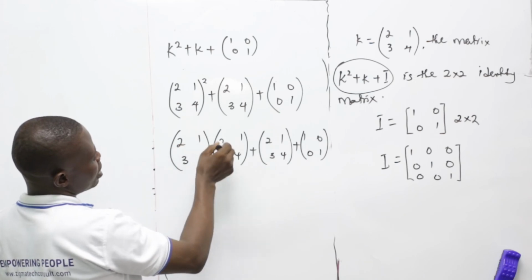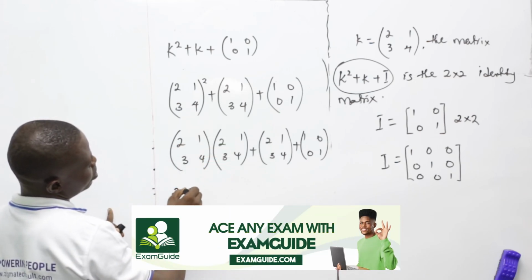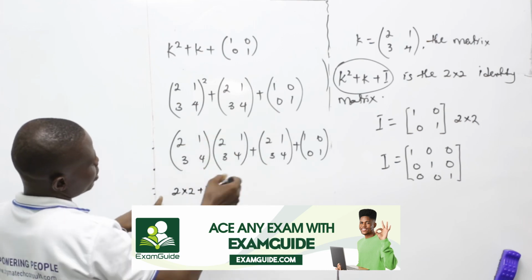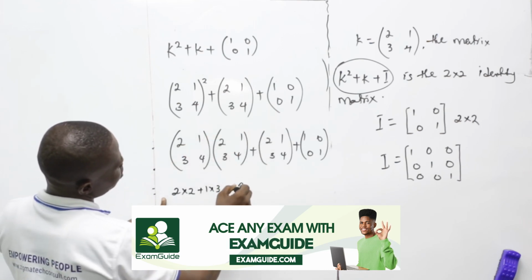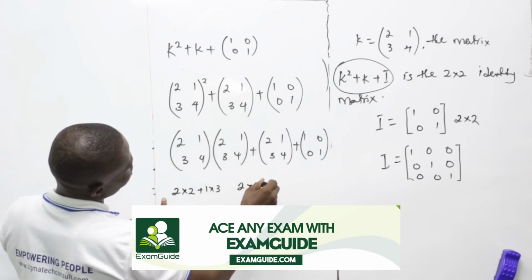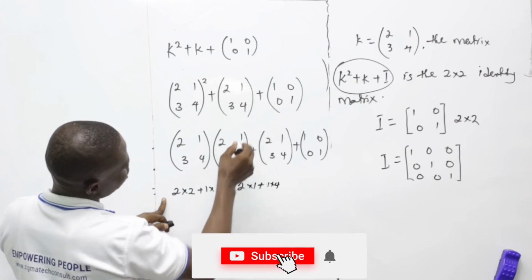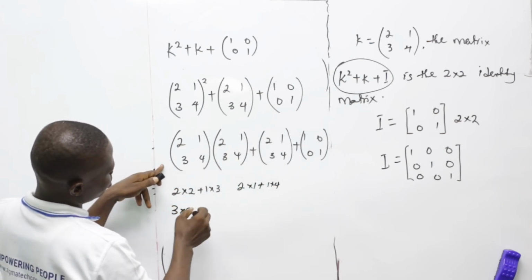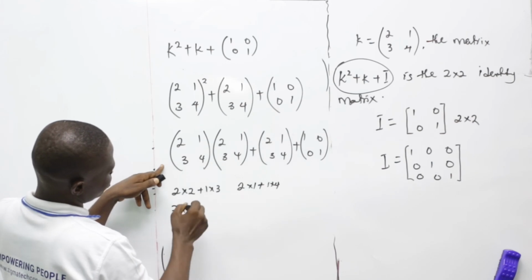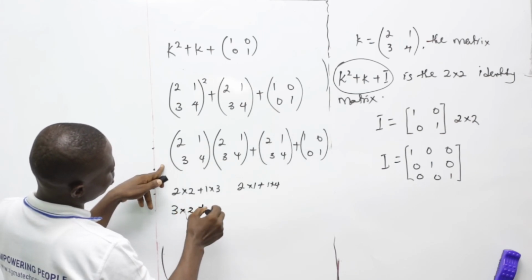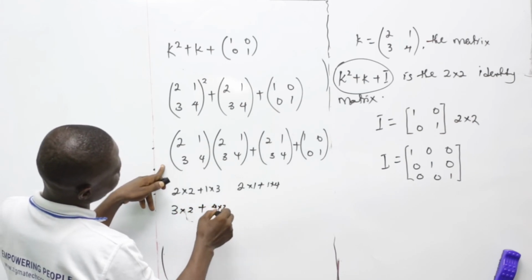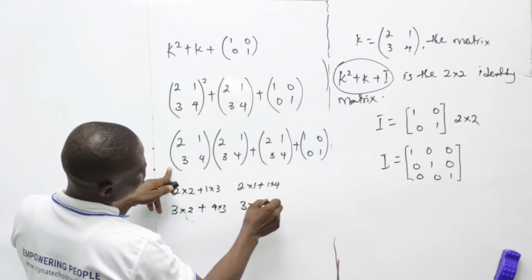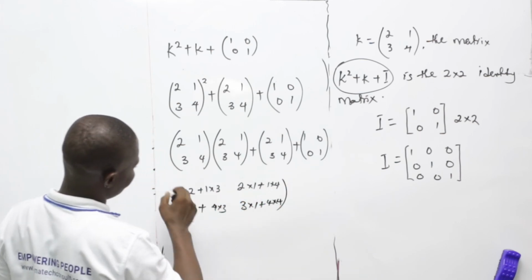We'll multiply this against this. That is 2 times 2 plus 1 times 3 for the first place. Then 2 times 1 plus 1 times 4 for this column. The next is 3 times 2 plus 4 times 3. Again, this side, 3 times 1 plus 4 times 4. Close it.